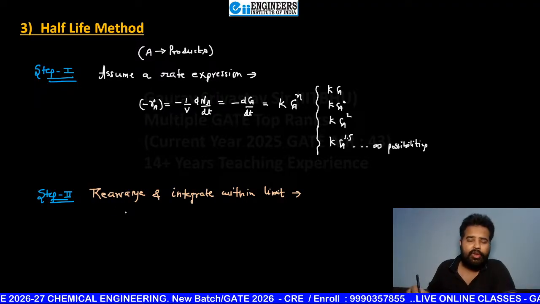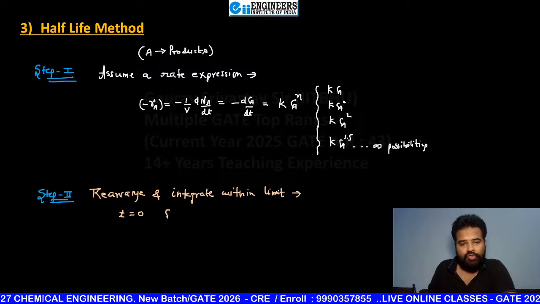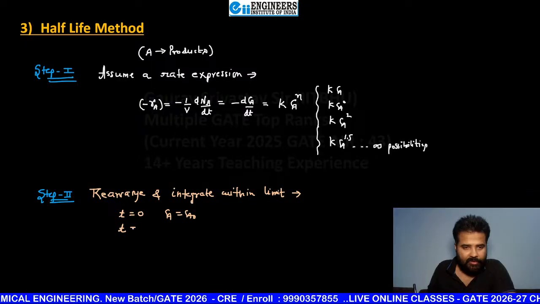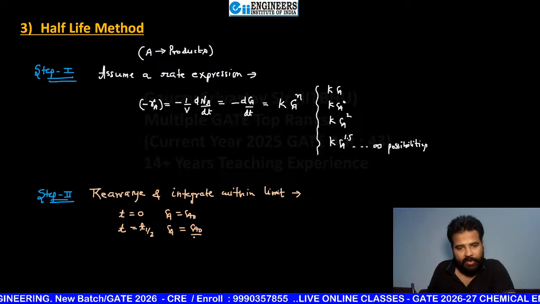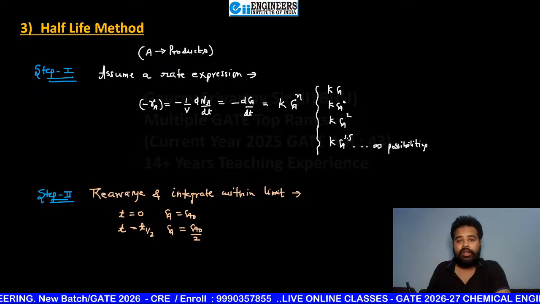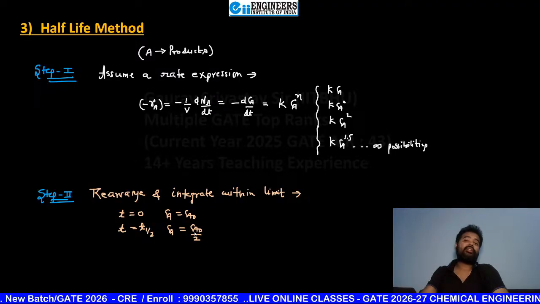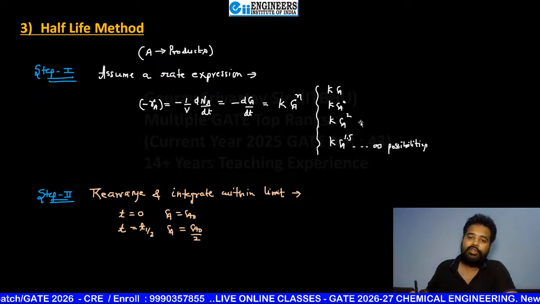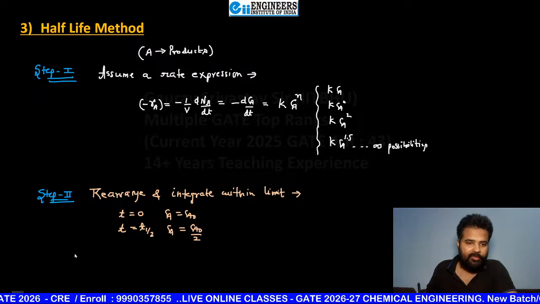So here what should be our limit, my dear students? Again, time t equals 0, so CA will be CA naught, and when t becomes t half, the concentration will be CA naught by 2. Are you getting my words, beta? As the method is the half-life method, clearly we are going to introduce the half-life here. T half is half-life.